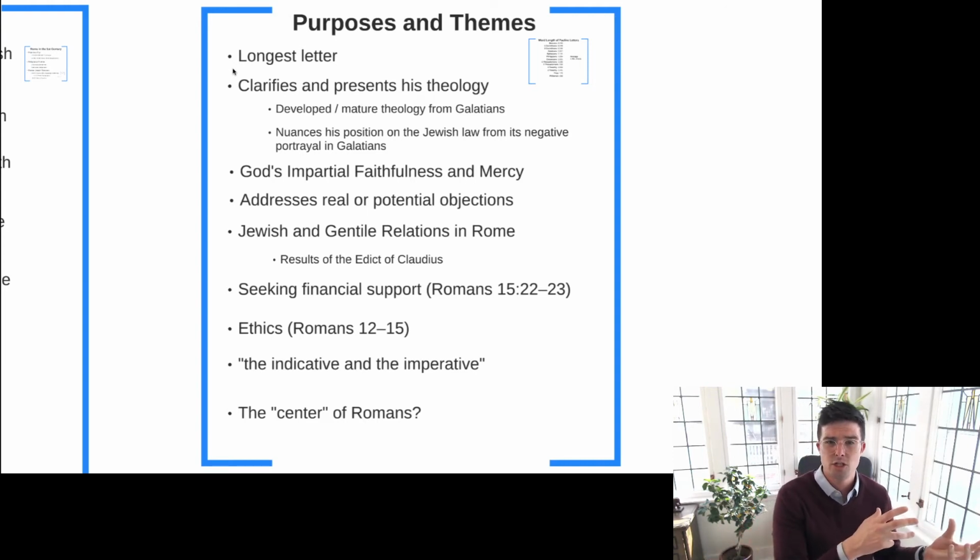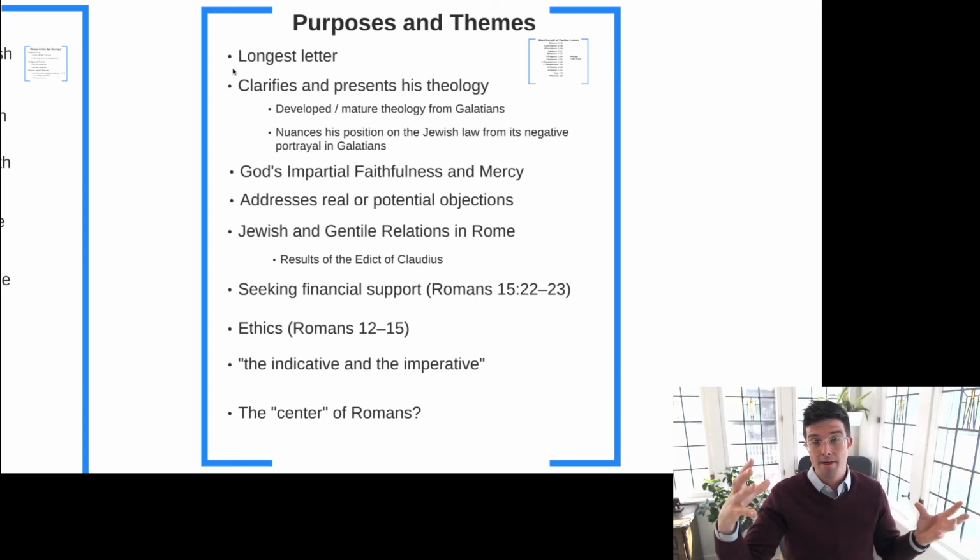We saw in Galatians chapter 3 how it doesn't appear that Paul paints the Jewish law in the best light. That may be because of his rhetorical purposes. It may be because the audience of Galatians is almost wholly Gentile, and that's not the case for Romans. But whatever the case might be, Paul has given more nuance in Romans, not only by the length, but also by what he says about things like the Jewish law.